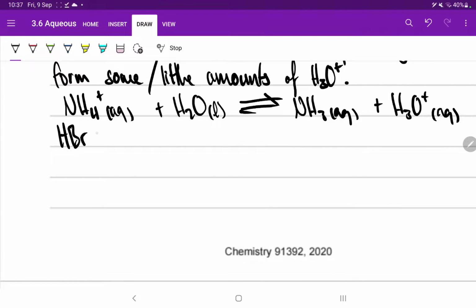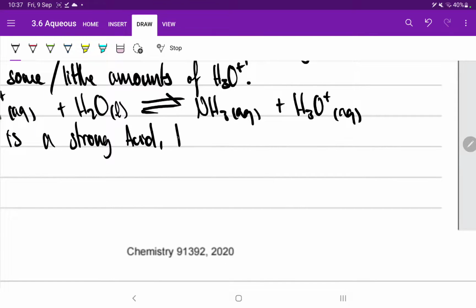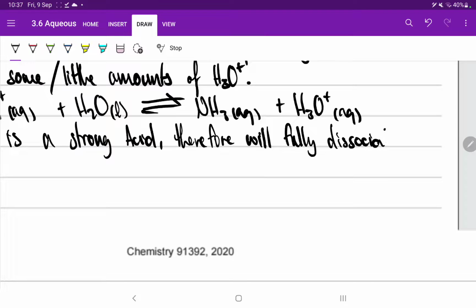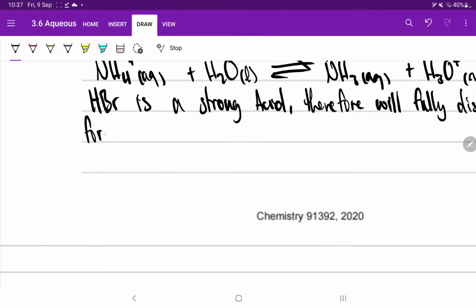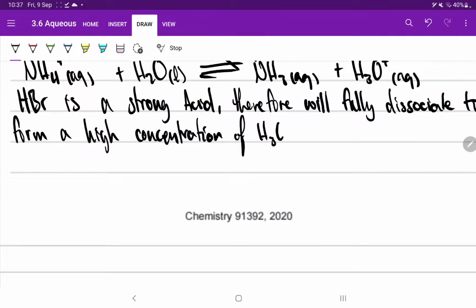Okay, now working with hydrogen bromide. So hydrogen bromide is a strong acid, therefore it will fully dissociate to form a high concentration of hydronium ions.